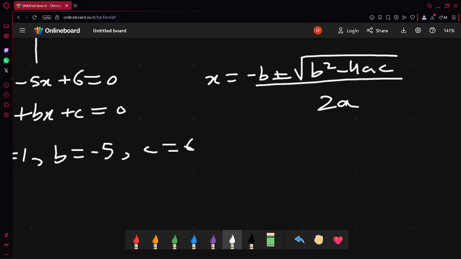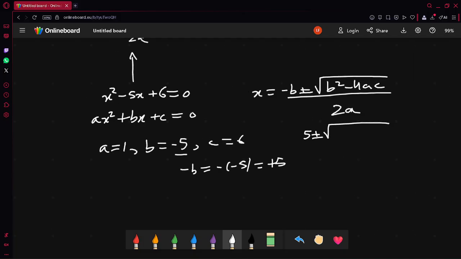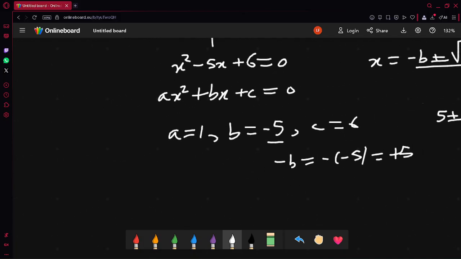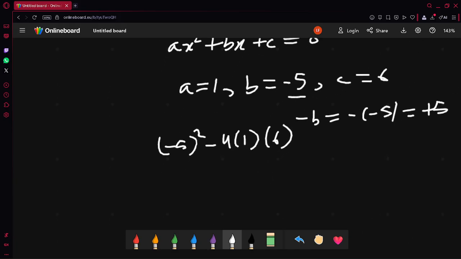Now, we know that b is -5. So negative b equals negative of -5, which is +5. So 5 plus or minus the square root of b squared minus 4ac. b squared minus 4ac is -5 squared minus 4 times 1 times 6. And negative times negative is positive.